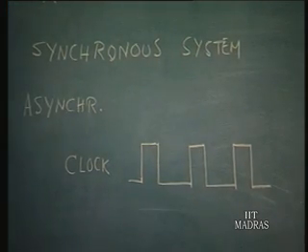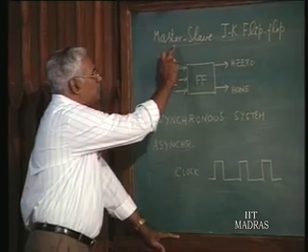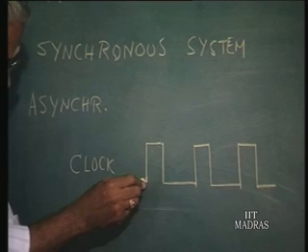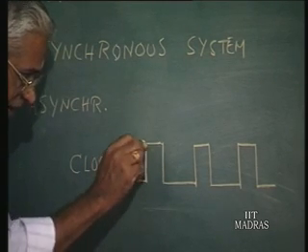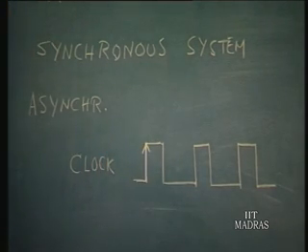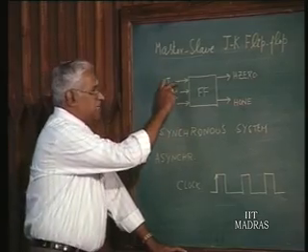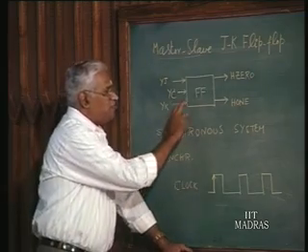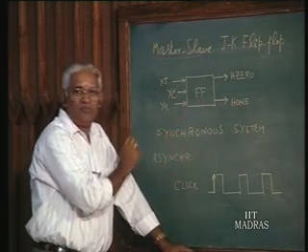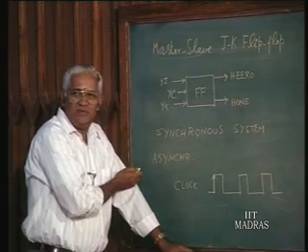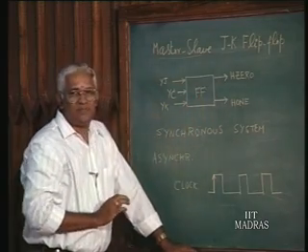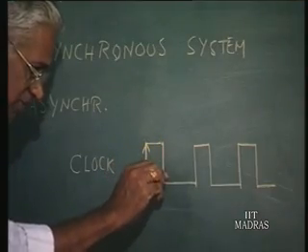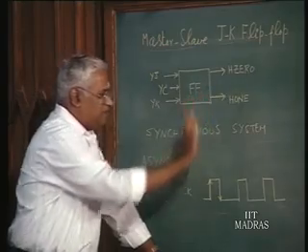Now in a master slave flip flop, this is what's happening. On the rising edge of the clock, the inputs, namely J and K, will be sensed, and internally the flip flop will go through some state change. It will not immediately affect the output, and on the falling edge of that clock the output will be generated.